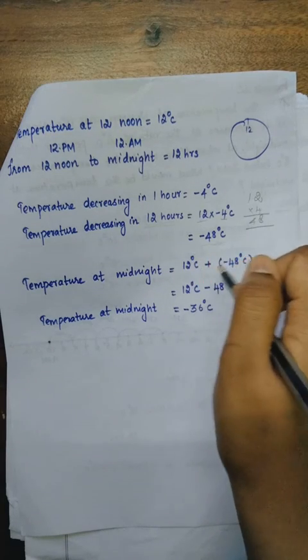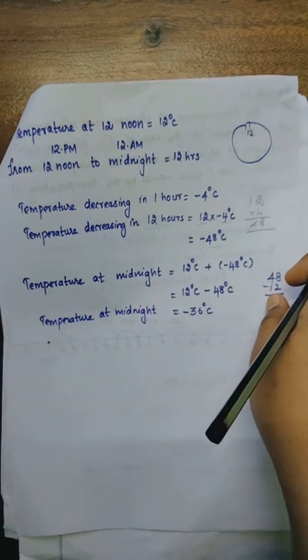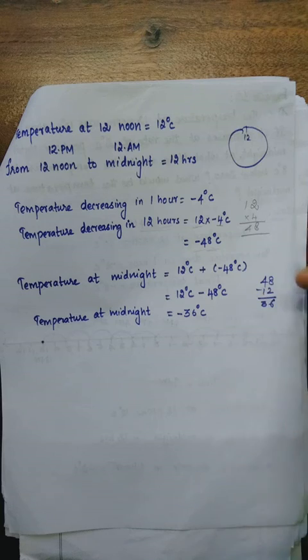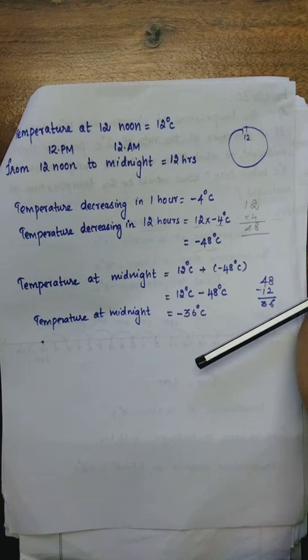What is 12 minus 48? Both numbers have different signs, so we need to subtract the numbers. 12 minus 48 is minus 36 degrees Celsius. So temperature at midnight is minus 36 degrees Celsius.